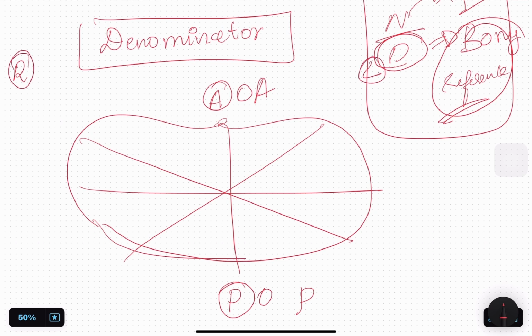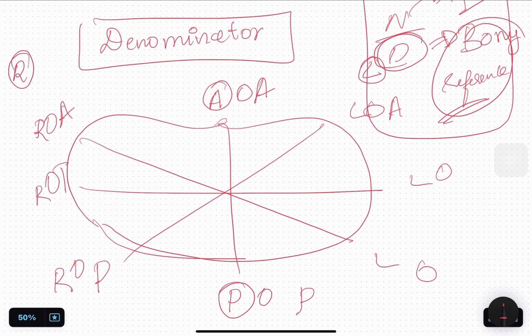Based on your presenting part, it can be occiput. What is this? Anterior. What is this? Posterior. What is this? Transverse. This is the most common position.